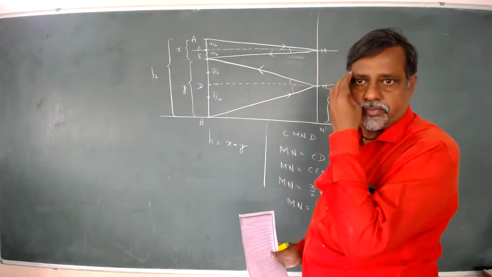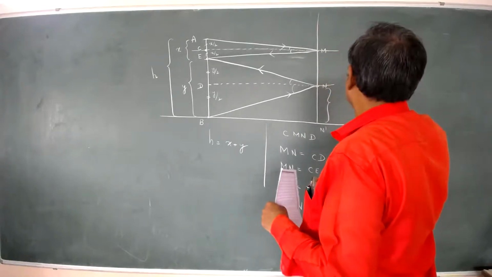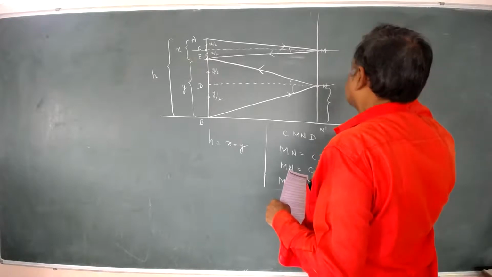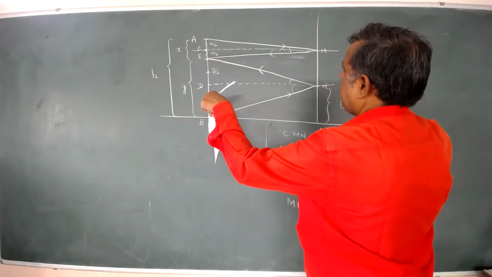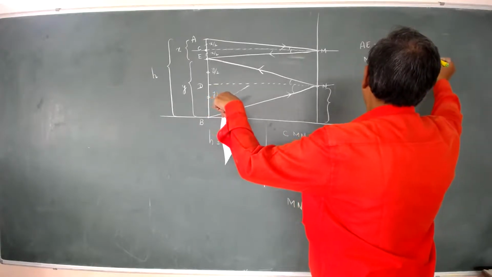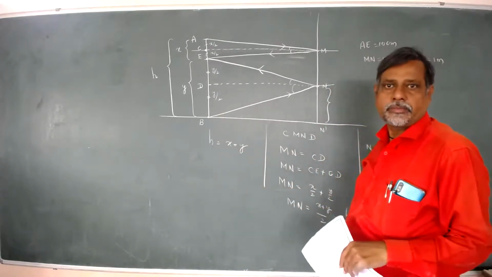Got it? Yes or no? MN is equal to 1 meter. That implies CD is also equal to 1 meter. Understood?